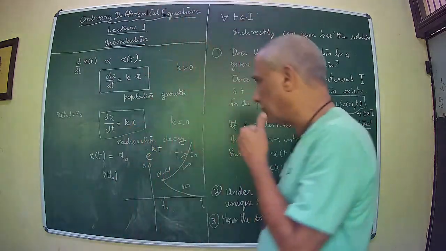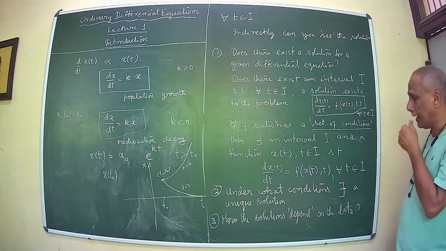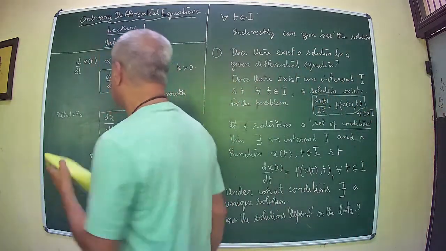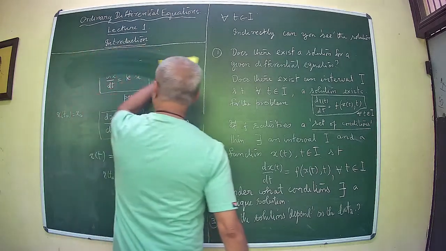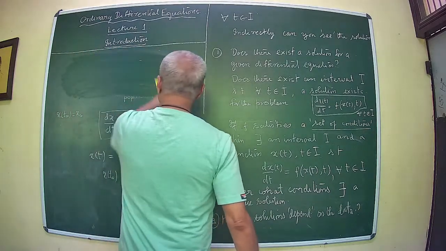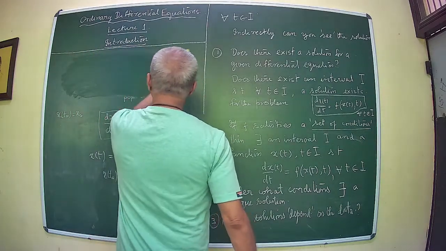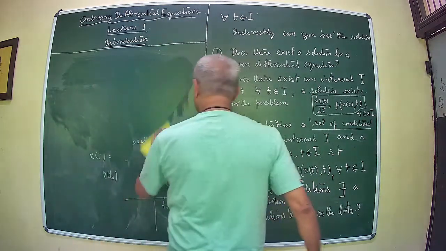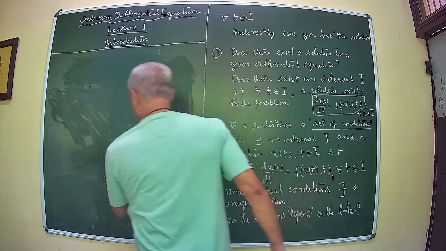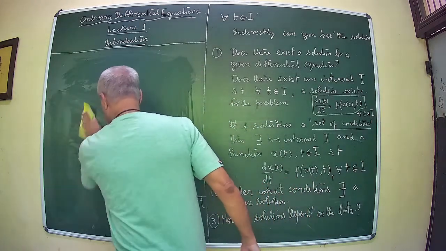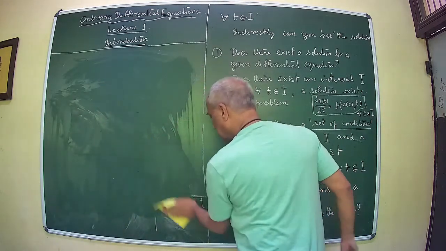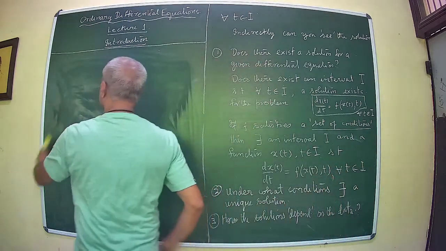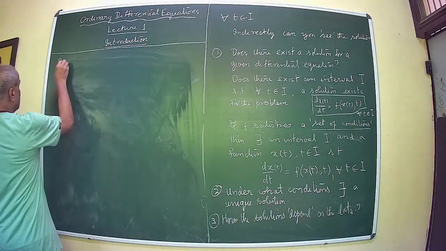Now another problem is more mathematical. It's what is called the regularity problem. I think I am going to stop in another 10 minutes time and then take it up in my next lecture. Let me explain what the regularity problem is.